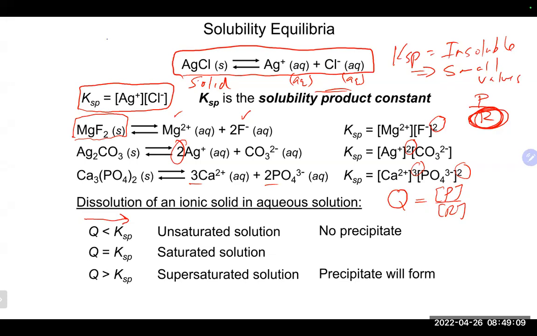Q is products over reactants regardless. Q helps you determine whether or not you're at equilibrium, and if you're not at equilibrium, it helps you decide which way you need to go to reach equilibrium. In this application, it will tell you whether or not you would expect a solid to form if you threw these ions together.